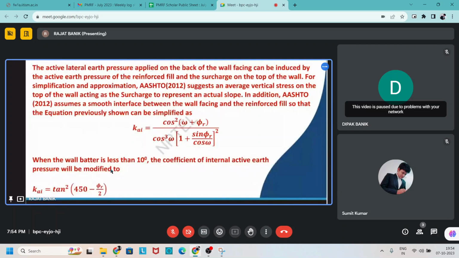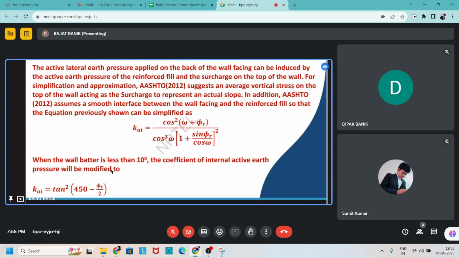In addition, AS 2012 assumes a smooth interface between the wall facing and the fill so that the equation previously shown can be simplified.